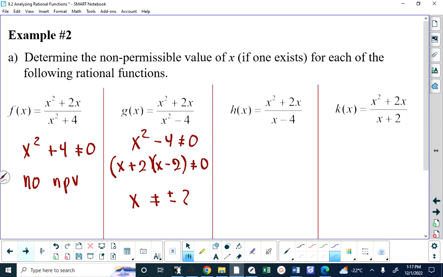Very basic factoring. Here, x minus 4 cannot equal 0, which means x cannot equal 4. Here, the denominator is x plus 2, which cannot equal 0, which means x cannot equal negative 2. Are we okay with those statements?